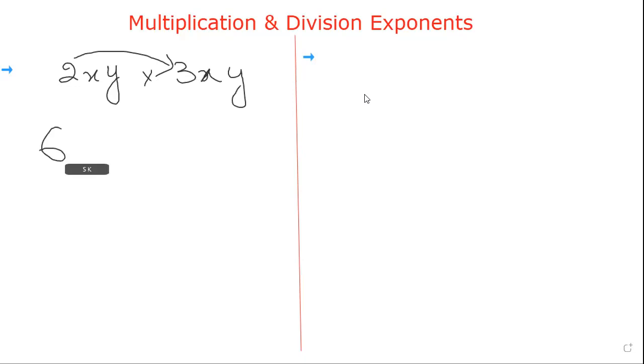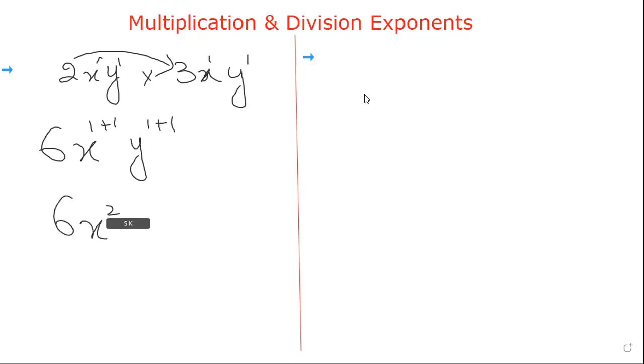But what about the x? We have seen that if there is nothing written on the power of x, it means that it is actually 1. You can see there is nothing written on x and y, so I'm going to write 1 on all of them. Now, because there is a multiplication sign between the two x's, I'm going to add their powers, and similarly for the y as well. So now I have 6x to the power 2 and y to the power 2.